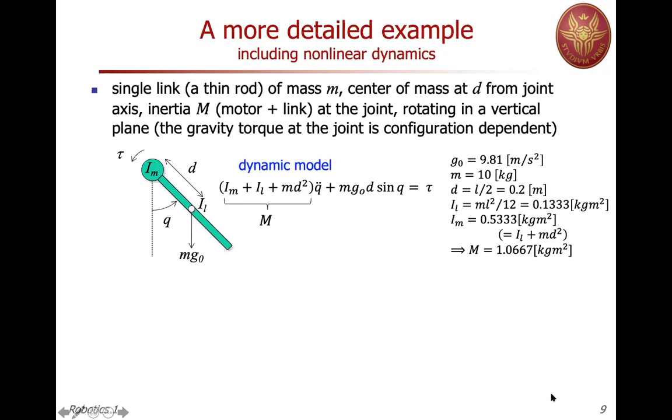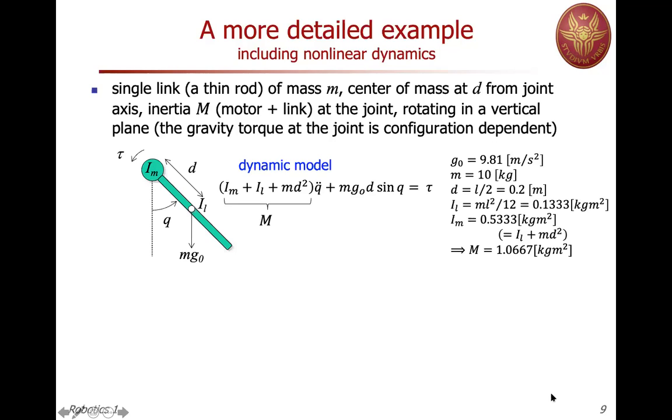So this link has an inertia, and when it rotates around the center of mass, this inertia is IL, but in fact, due to the parallel axis theorem, we are not rotating around this axis, we are rotating around an axis passing at the base of the link. So we have to add to this minimum inertia of the link a quantity which is the mass of the link itself times the square of the distance. So this is the third term, m d squared.